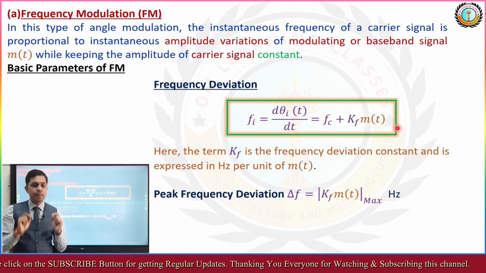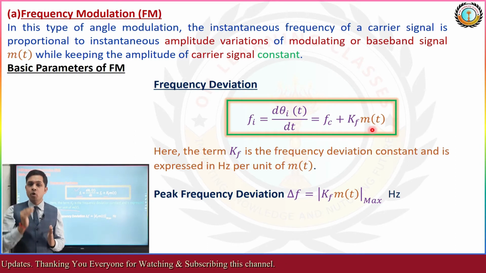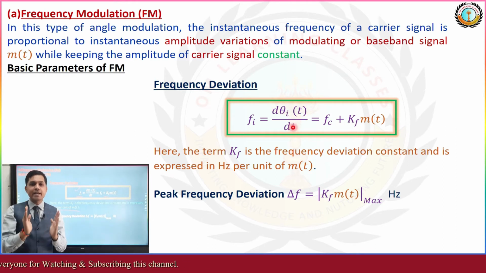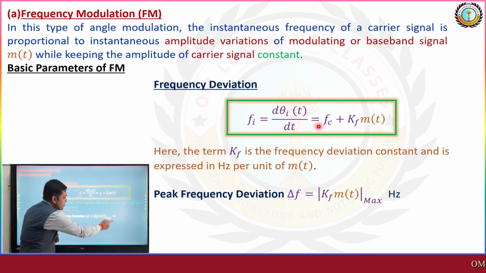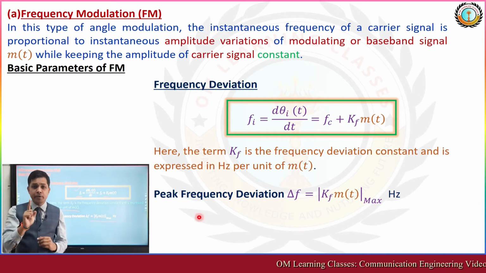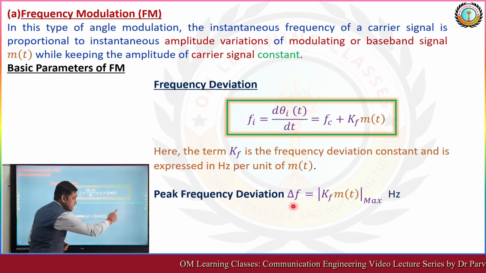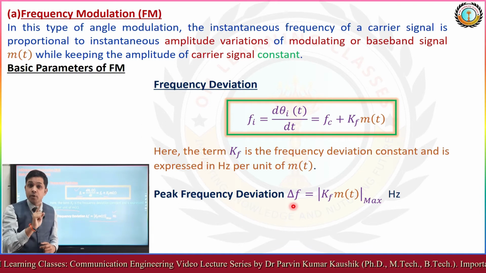into m(t). The mathematical representation is the same, that is the derivative of the total angle of the frequency modulated signal, and with this we can get the value of peak frequency deviation. Very important, if the value is in radian, then it is kf by 2 pi into m(t).